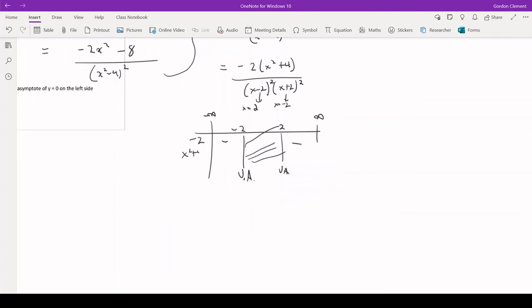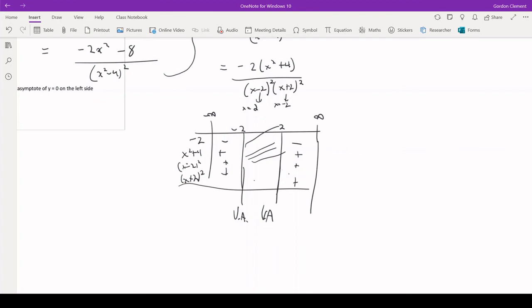We've got an x squared plus 4, which is always positive. And the denominator is 2 things squared. So since they're squared, they're never going to be negative. So we are always concave down on this graph.